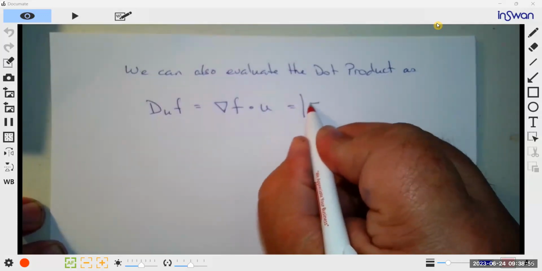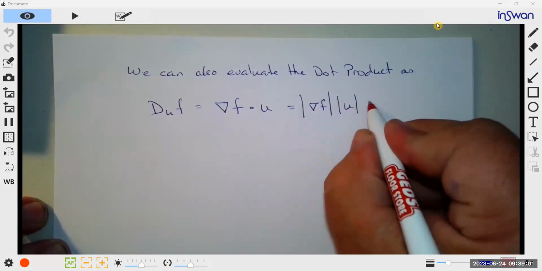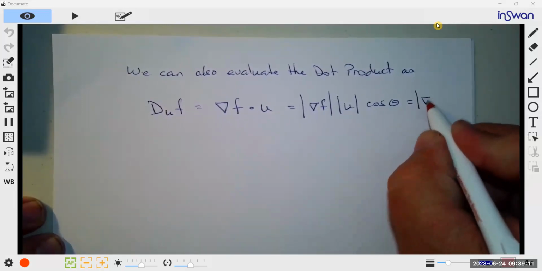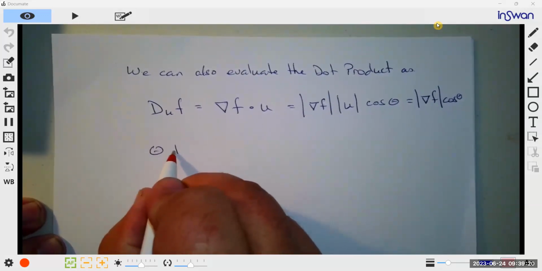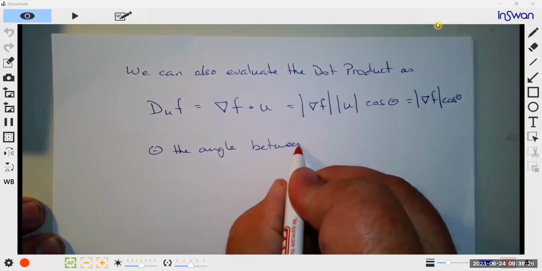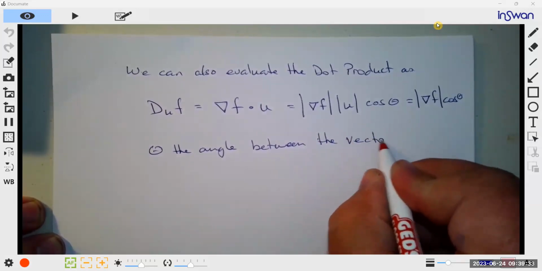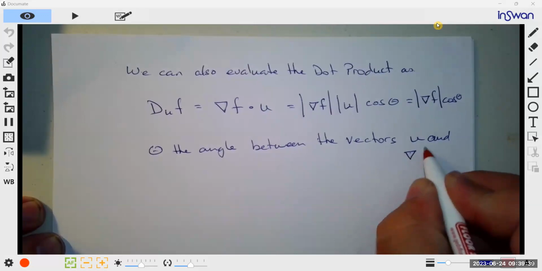That equals the magnitude of the del f function, the magnitude of u, cosine theta, where theta is the angle between the vectors u and del f.